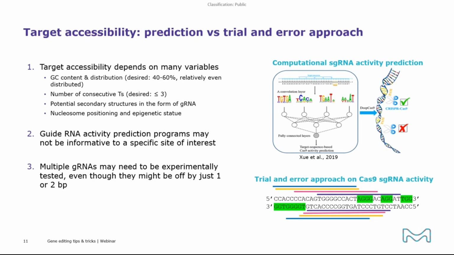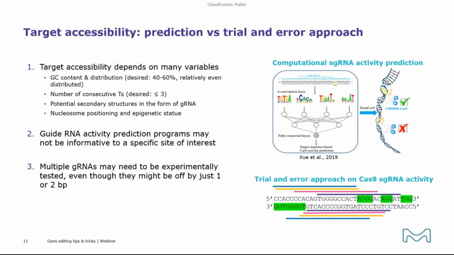There are too many factors that can affect target accessibility, such as the GC content and distribution, nucleosome positioning, and epigenetic status, and the potential secondary structures when the target DNA sequence is converted to the guide RNA sequence.